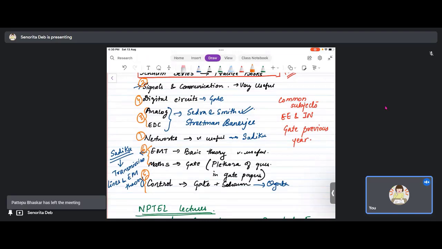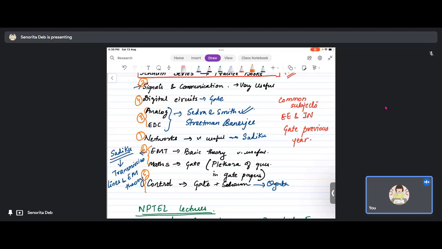So this can be your sequence of starting the preparation for GATE. But do networks first, because you need to have a clear understanding of network theory and steady state analysis, because steady state analysis is normally taught in network theory, and it comes in handy in control systems as well, right? Very important is transient response. The transient response and steady state analysis are very important topics, okay?